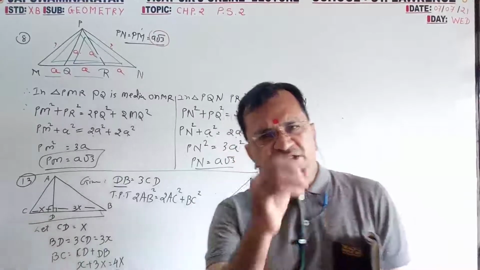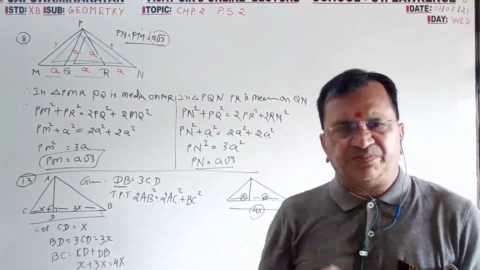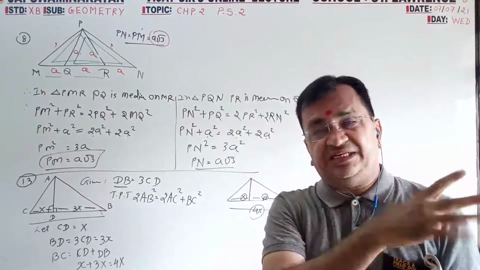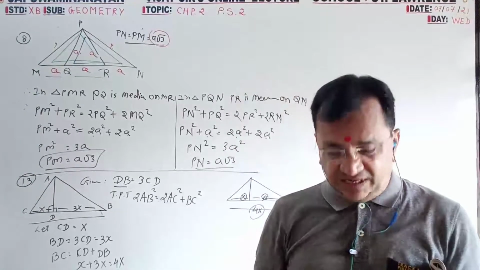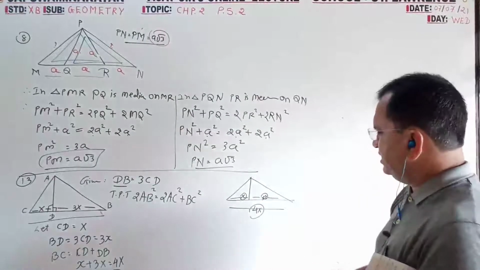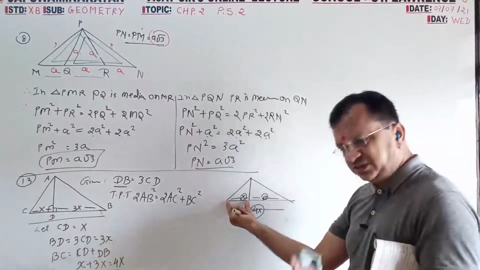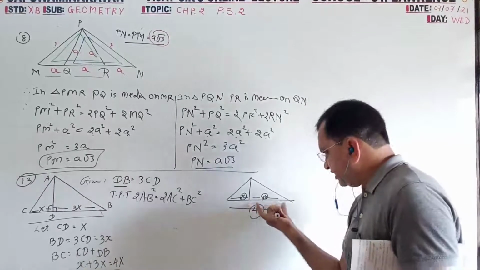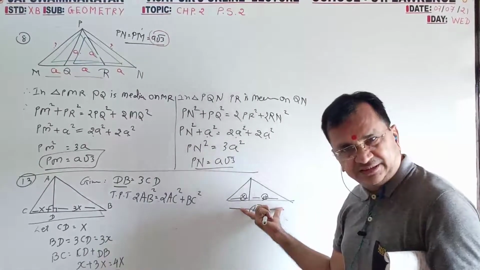Just clear these 3 things, this proof will be very easy. Even in the textbook, even in the digest, they have given a very hard solution. So this I am giving very easy. This is X considered. This is 3 times. So 3X, 3X plus X, that is 4X.